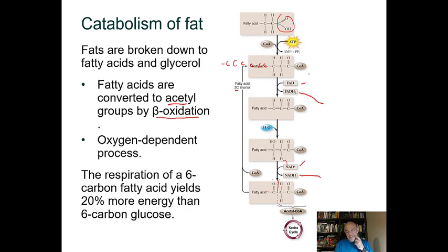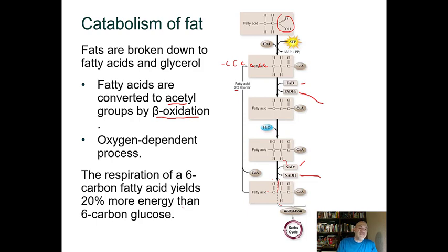Now, overall fats, fatty acids, are going to have a lot more energy in there because they have a lot of carbon-hydrogen bonds. And so if we compare just 6 carbons on this fatty acid chain to the 6 carbons in glucose, the fatty acid is going to have a lot more carbons in these chains of hydrocarbons.